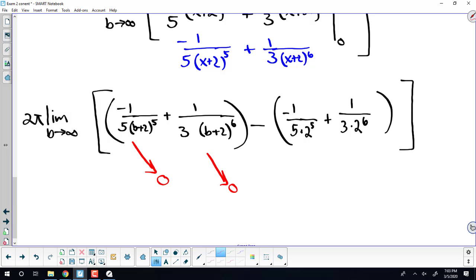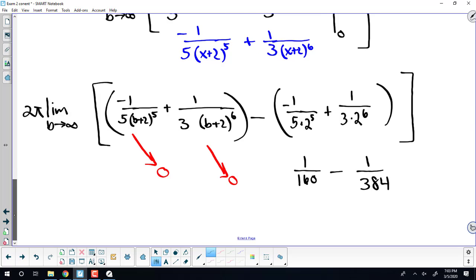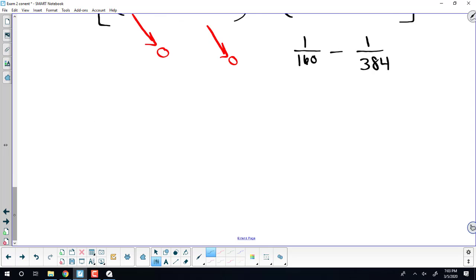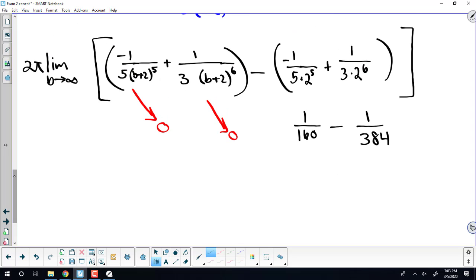Okay, so what it was 1 over 5 times 32. 160. So that's 1 over 160. And then 2 to the 6 times 3. 384. 1 over 160 minus 1 over 384 equals something times 2 pi.